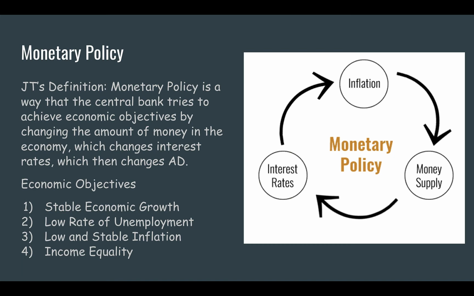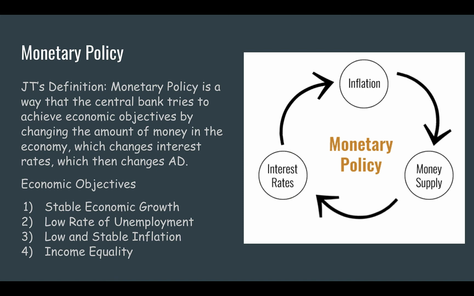Okay, so monetary policy is a way that a central bank, you don't know what a central bank is yet, but we'll talk about that in a second, tries to achieve economic objectives by changing the amount of money in the economy, which changes the interest rate, which changes aggregate demand.